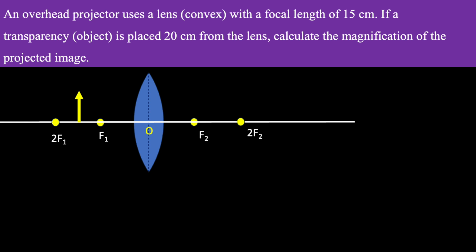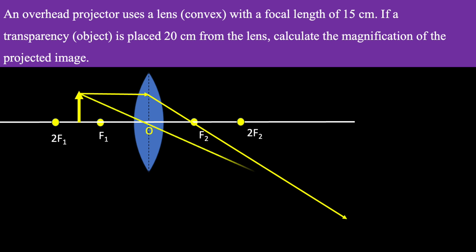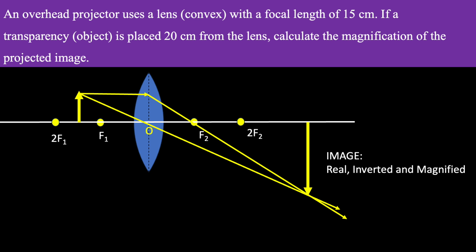Now let me draw a rough ray diagram to get an idea about the characteristics of the image that will be formed. Yes, we are getting an image which is real, inverted and magnified.